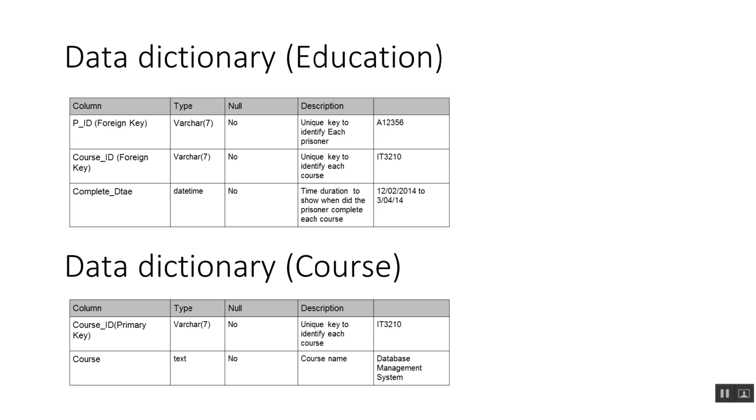Education table has the PID as a foreign key, course ID also as a foreign key, and complete date of the courses. Course table has a course ID as a primary key and course name that prisoner can learn. Thank you.